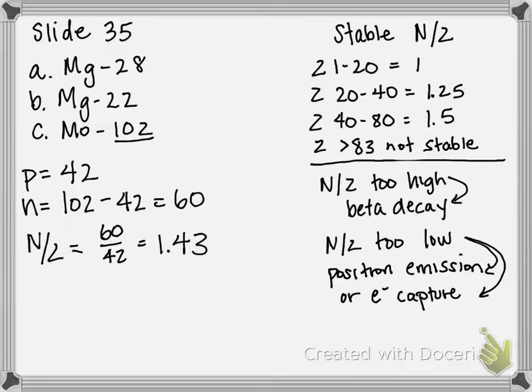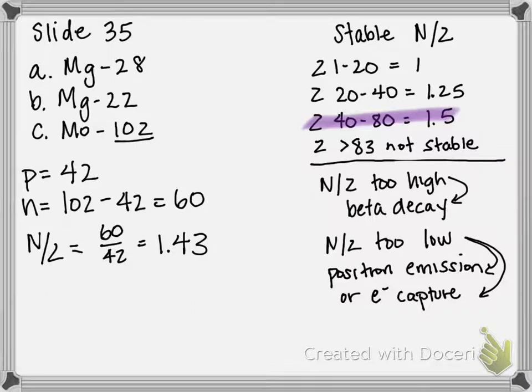So, how does that compare to the stable N to Z ratio for this type of element? Molybdenum has an atomic number of 42. Therefore, the most stable N to Z ratio, in the 40 to 80 range, is going to be 1.5.